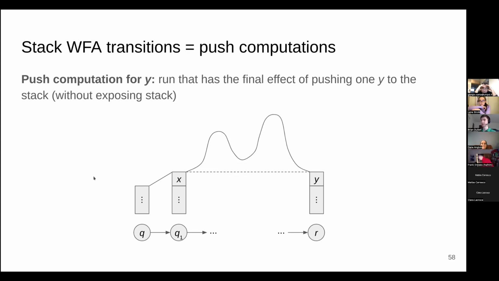It represents a sequence of transitions that looks something like this. We start with some stack, we push something on top of it, and we can push more stuff and pop things later. The only requirement is that we end up with a single y on top of the old stack. And crucially, we never go below this dashed line here.